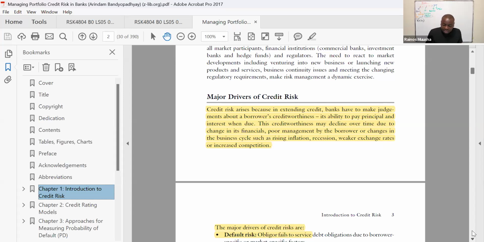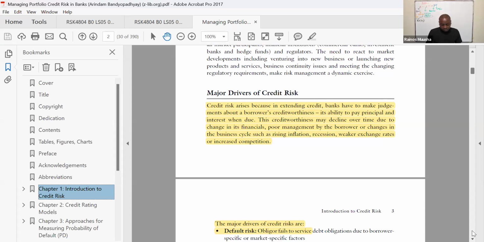This creditworthiness may decline over time due to change in its financials, poor management by the borrower, or changes in the business cycle, such as rising inflation, recession, weaker exchange rates, and increased competition. So these can also end up affecting the creditworthiness of the borrower.